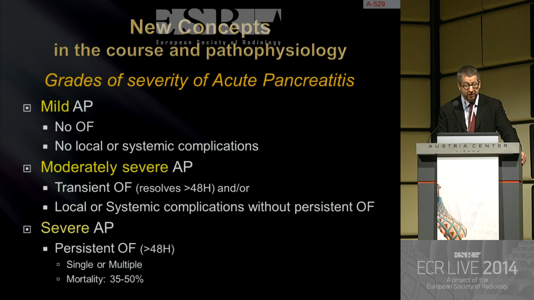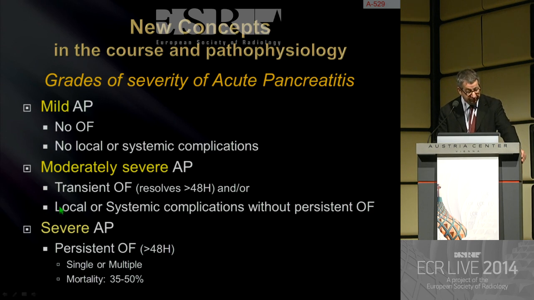The second severity grade is moderately severe acute pancreatitis. It is defined by presence of transient organ failure that resolves in less than 48 hours, and or local or systemic complications without persistent organ failure. Systemic complication means exacerbation of comorbidities, for example in a patient with heart failure or chronic lung disease.